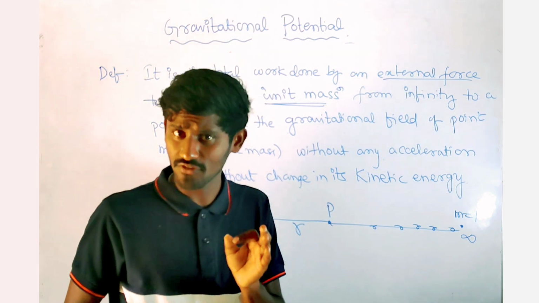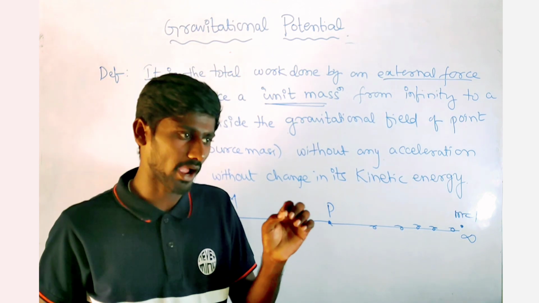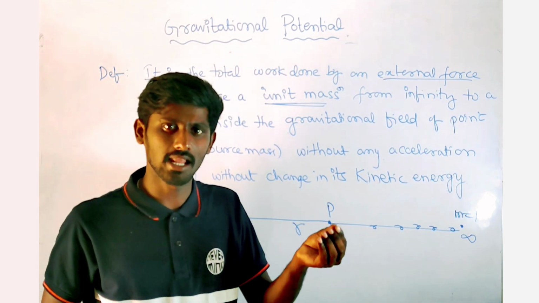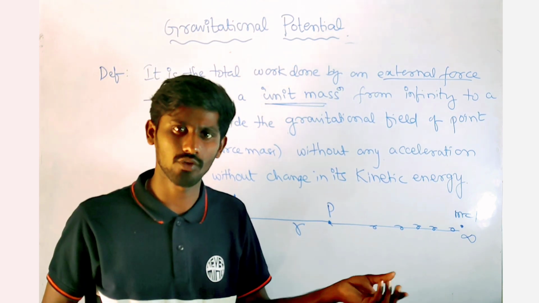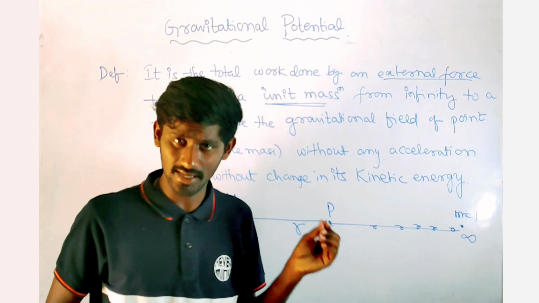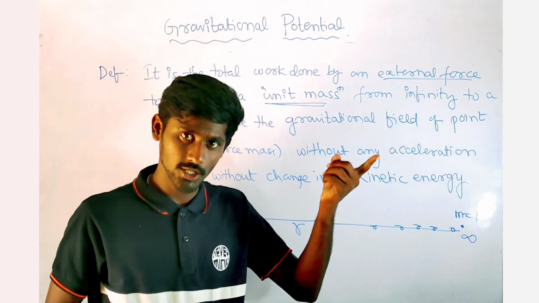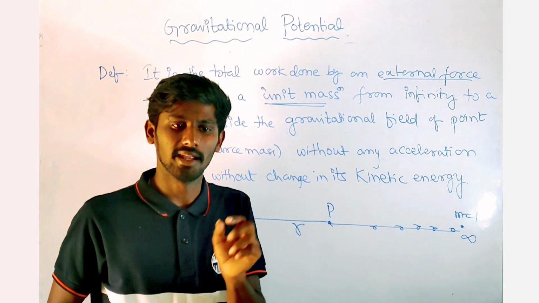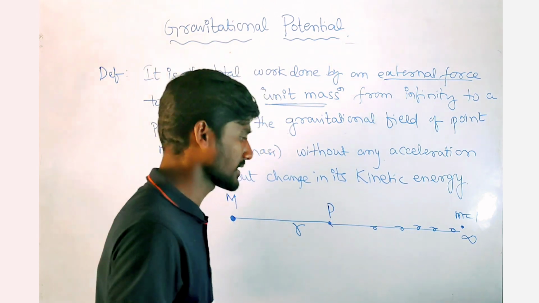So in case of gravitational potential energy, we brought a particle having some mass. The mass may be 1 unit, 2 units, 3, 4, 5 or 100. But in case of gravitational potential, that mass should be replaced with a unit mass. Okay? It is strictly a unit mass. Okay? Let's try to understand it again.